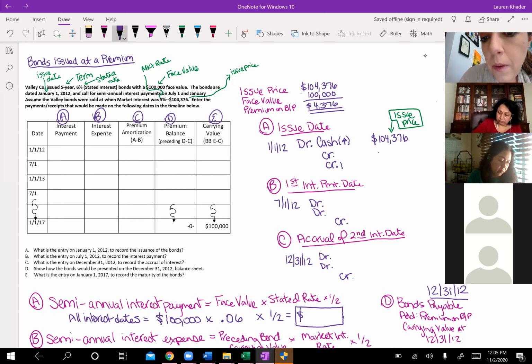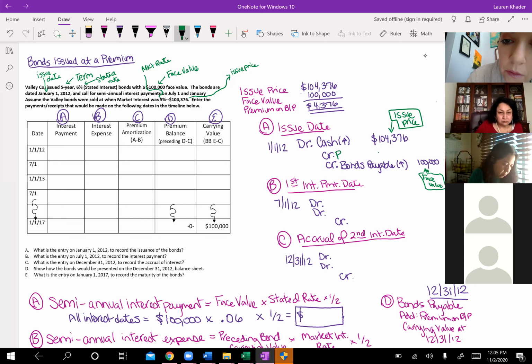We're going to credit bonds payable, increasing our liability, for 100,000 face value, what we're going to have to pay back at maturity. We don't balance, we need more credits, and that credit is going to be to premium on bonds payable, increasing the premium balance by 4,376, the difference between the issue price and face value.